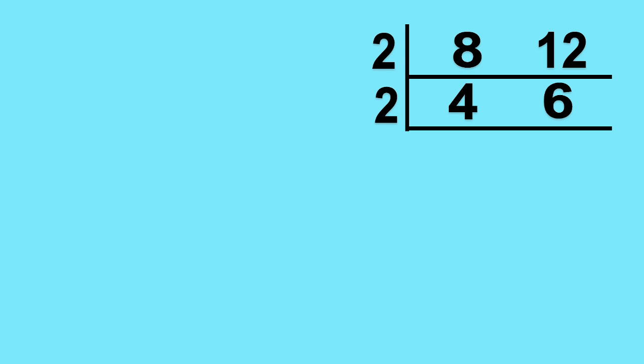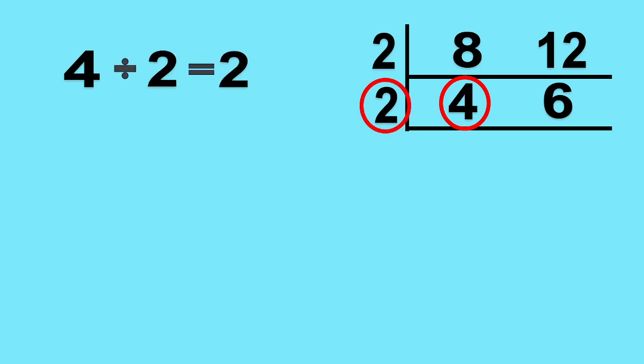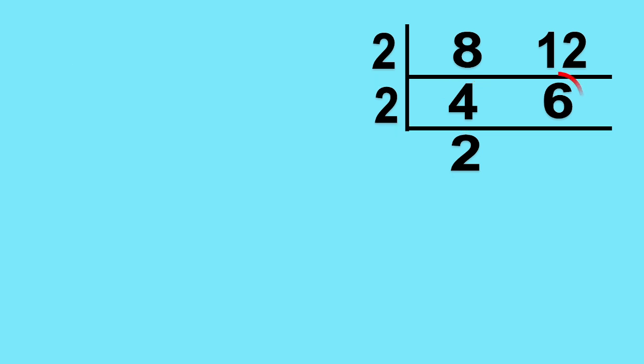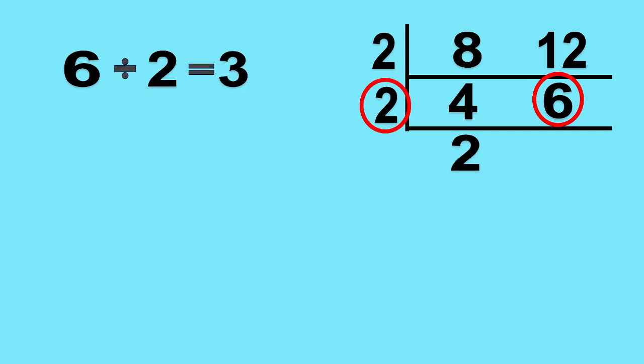Then let's proceed to division. 4 divided by 2 equals 2. Next, 6 divided by 2 equals 3. 2 and 3 have no common factor, so you can stop dividing.